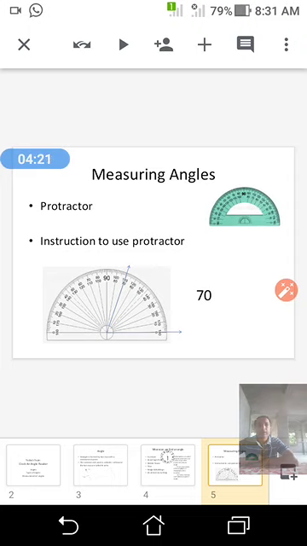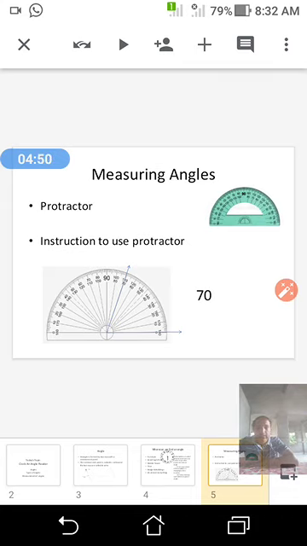At the same time, one arm of the angle should match with the 0 degree written on the protractor. After placing the vertex of the angle at the center of the protractor and the arm of the angle along the line of 0 degree, you start counting from 0.